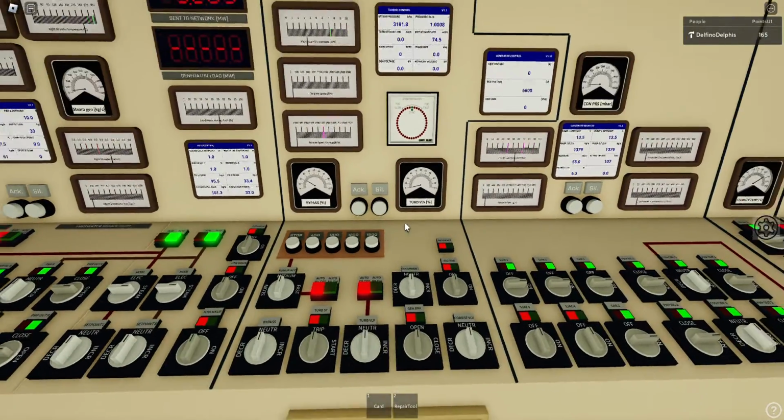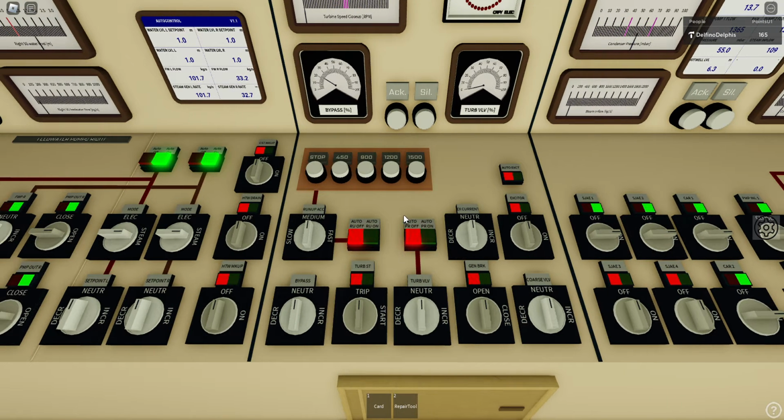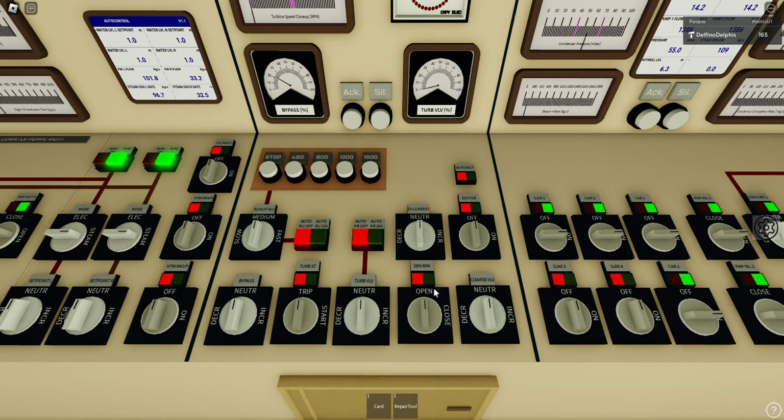Okay, quickly to explain the turbine, this is the same stuff as in RPWR. So we have bypass, we have turbine starter, turbine valve. This is our generator breaker, and we also have this coarse valve for bigger adjustments of the turbine valve.